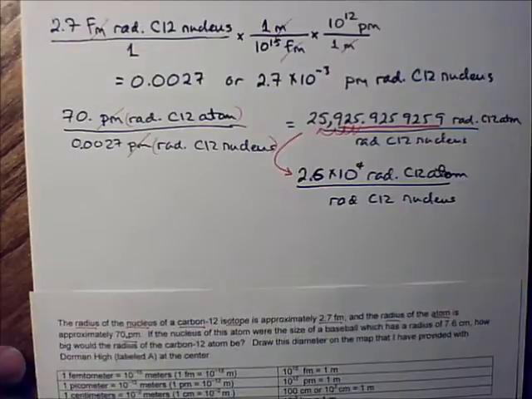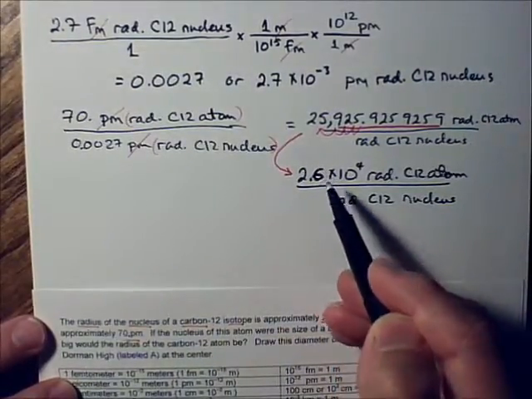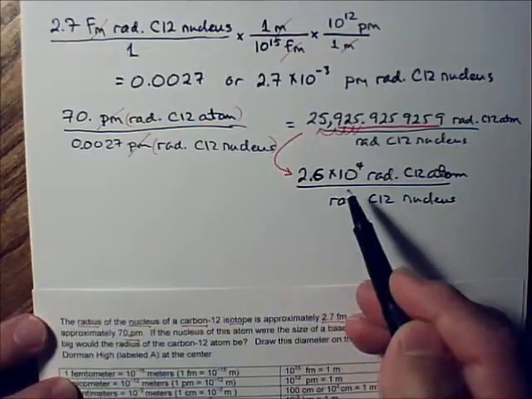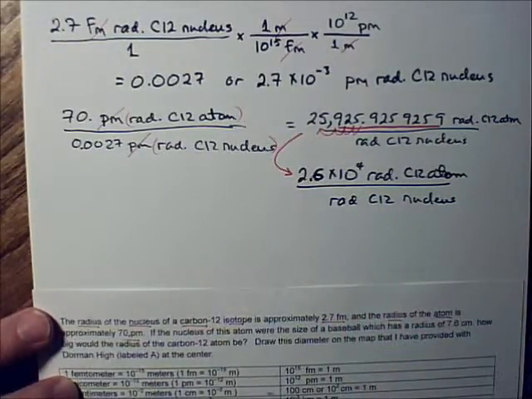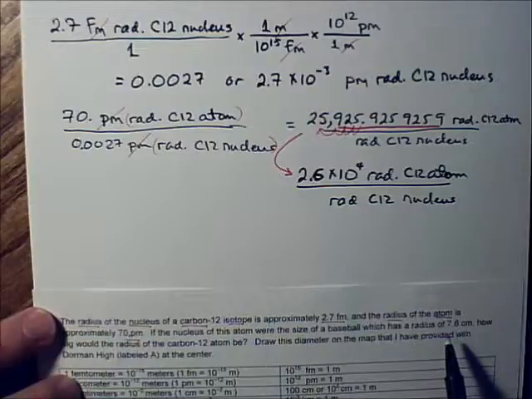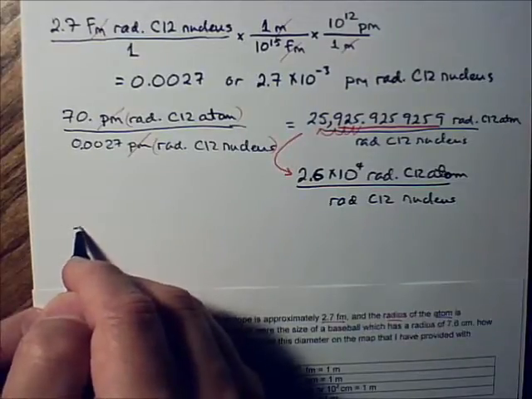All right. Now, we know how much bigger the atom is than the nucleus. Here it is. Got that? All right. So we want our atom to have a nucleus that's how big? In our new way of comparing it, how big do we want the nucleus to be? 7.6 centimeters.